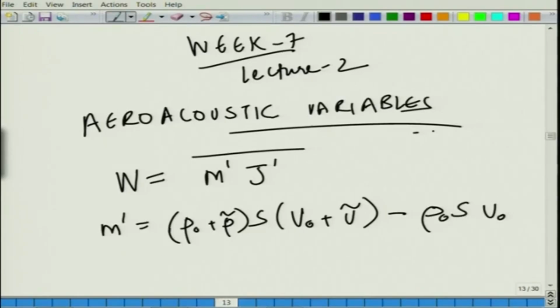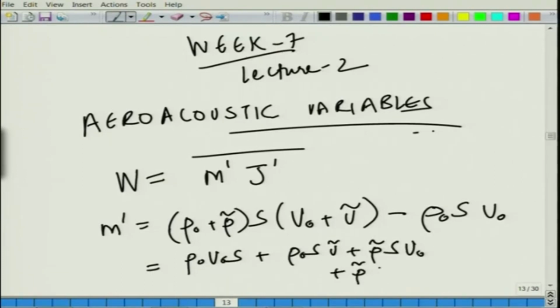Now when you multiply out the terms, that is rho naught u naught S and rho naught S u tilde, and then rho tilde S u naught and rho tilde S u tilde, minus rho naught S u naught. So, let us see what happens. This term goes away, and the second order terms will drop out, because they are products of small quantities and much smaller than your other quantities, that is your u tilde terms.